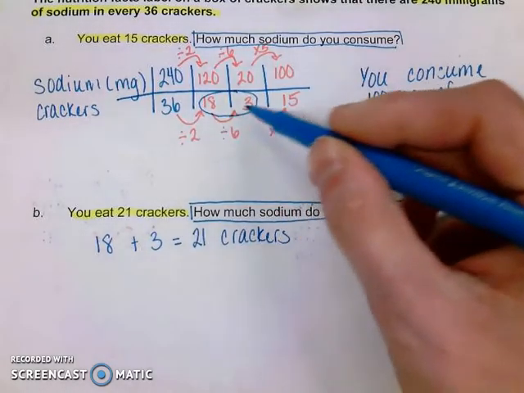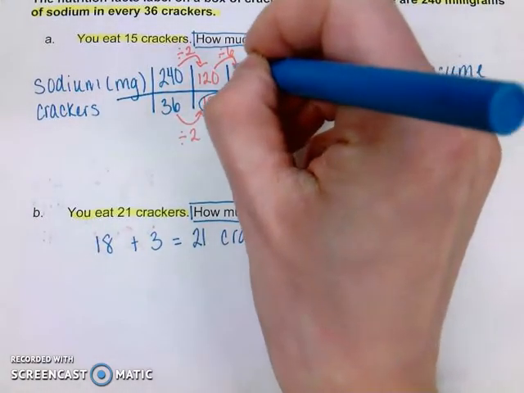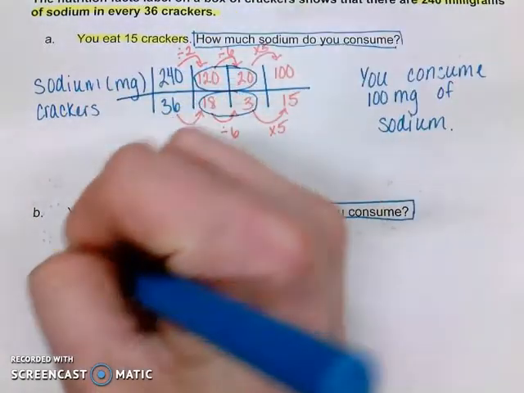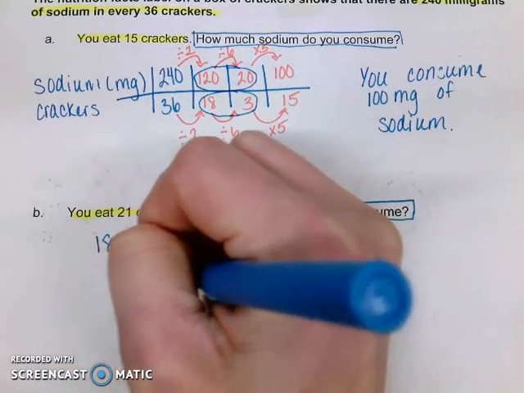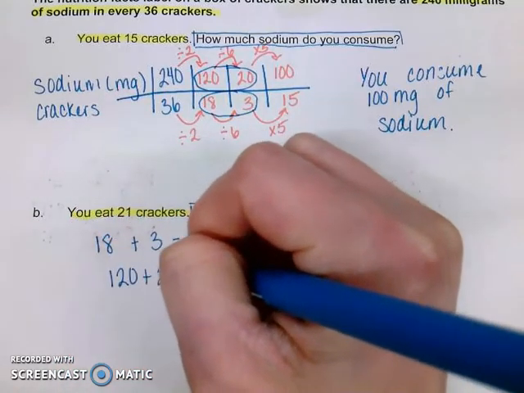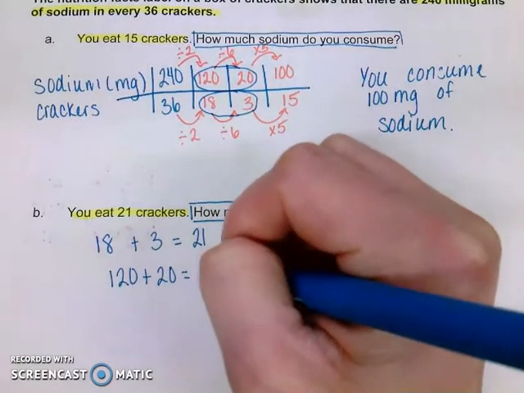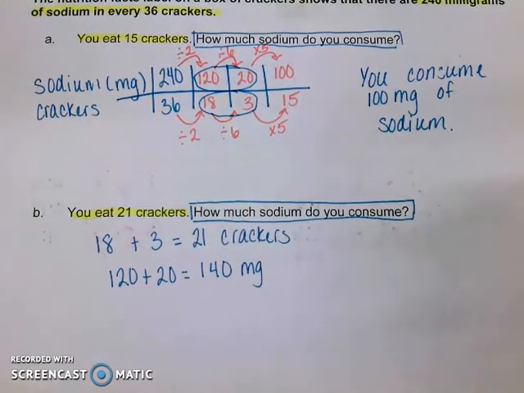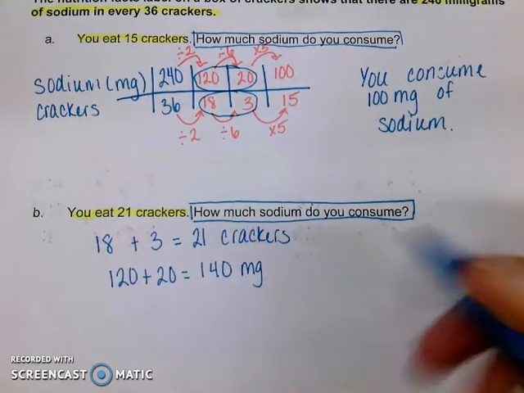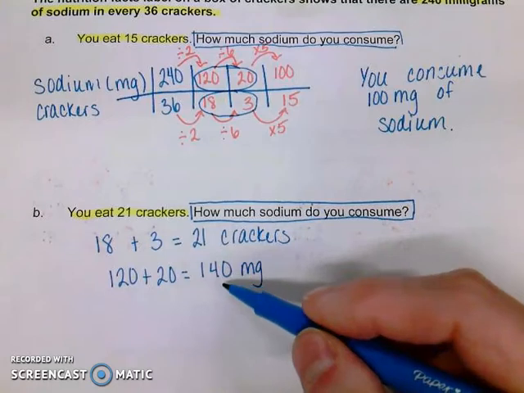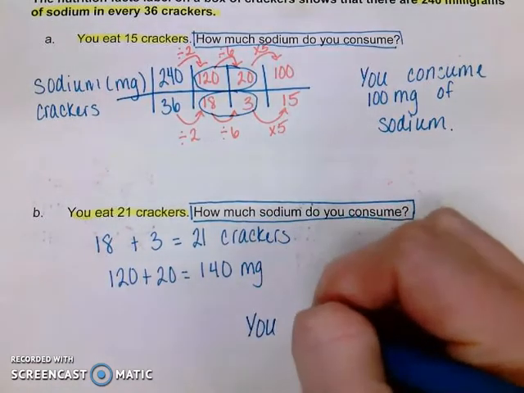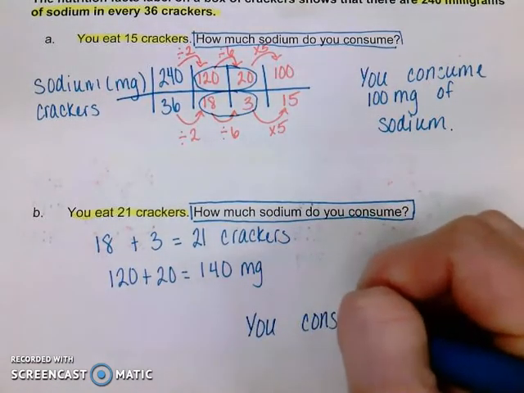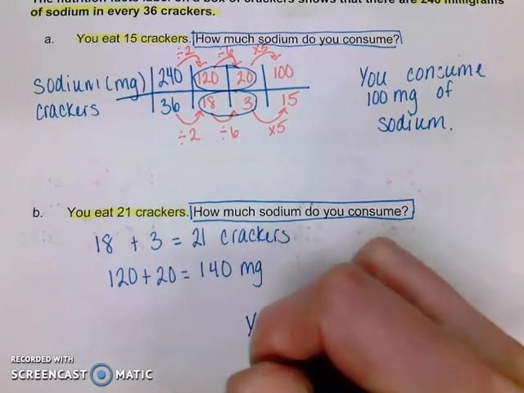So if I add those two, I need to add these two to get my amount of sodium. So what this tells me, how much sodium do you consume? Well, if I eat this many crackers, I'm consuming this much. So I would say you consume 140 milligrams of sodium.